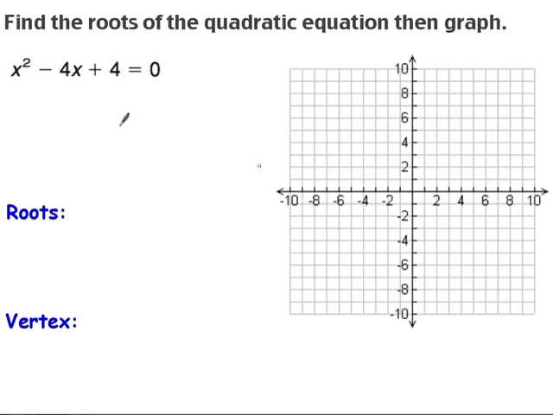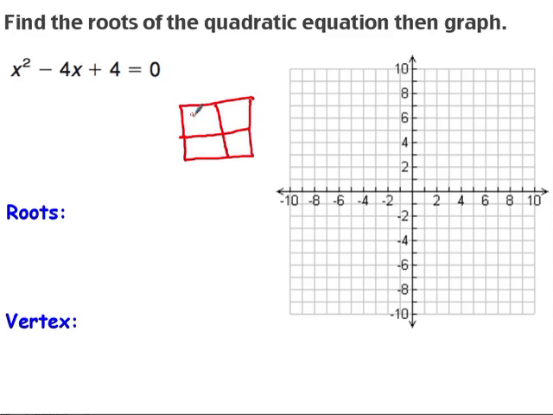Now to find the zeros or the roots for this quadratic equation, it's really easy because we did it in chapter 8. All you have to do is just find the two factors of this quadratic equation. We learned how to find factors of a quadratic equation by factoring it. So let's go ahead and try to factor this quadratic equation right here.